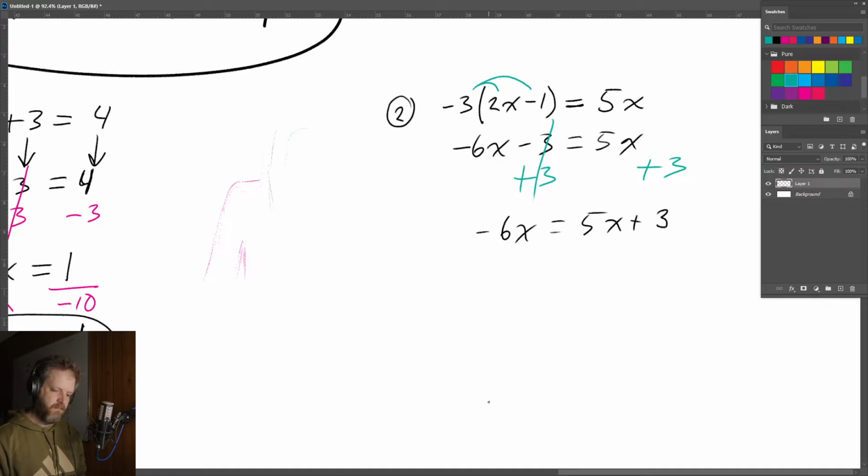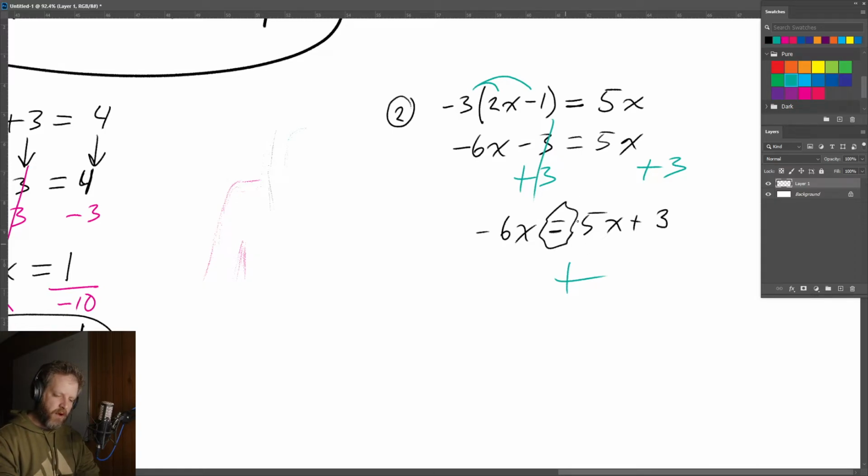Could we divide 6? If we're trying to get these x's together, how could we do that, y'all? Adding them together. What do you mean? Add the 5 and the 6.